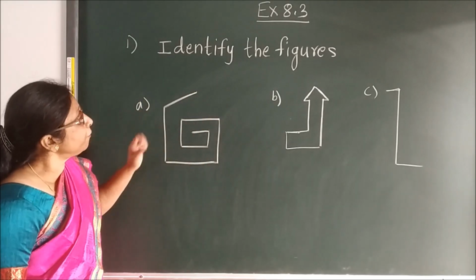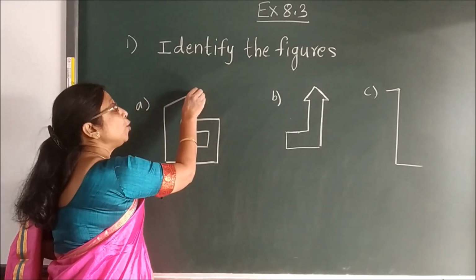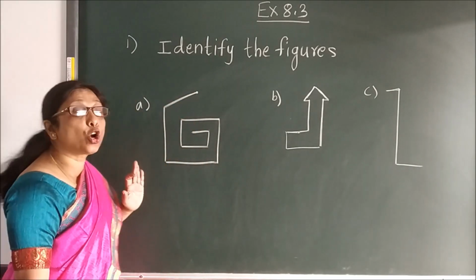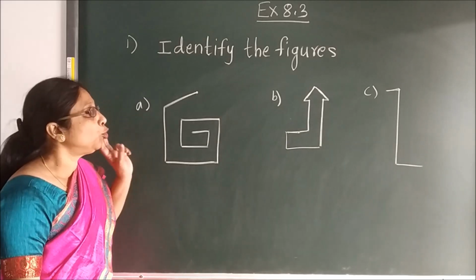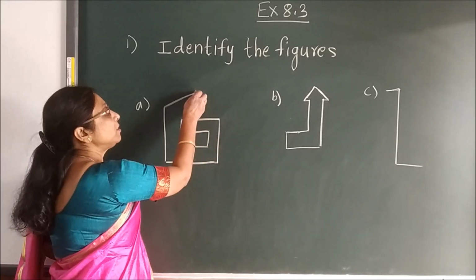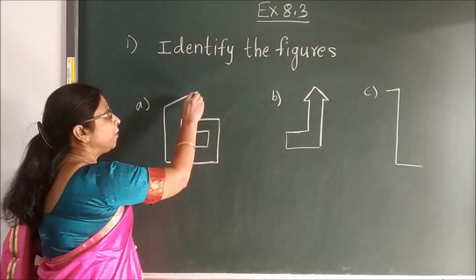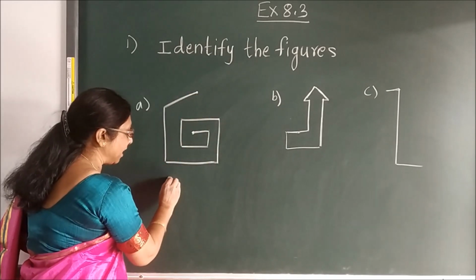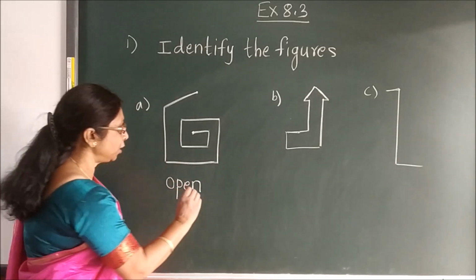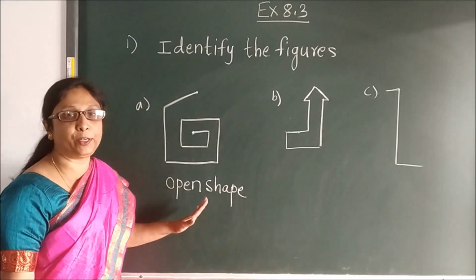If the starting point from where you have started and the ending point are the same, then we call it a closed figure. Two types of figure shape.